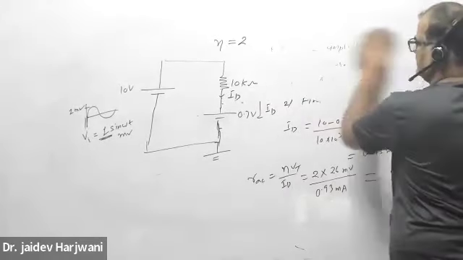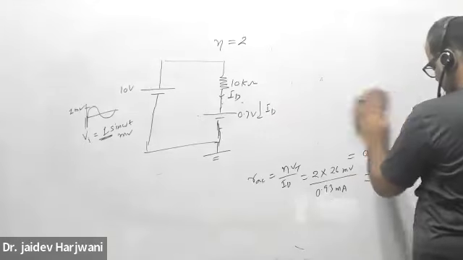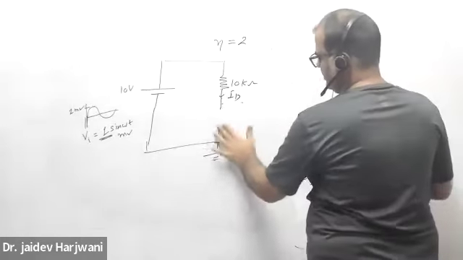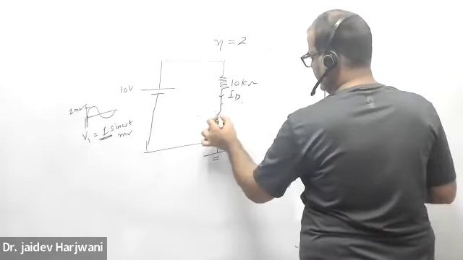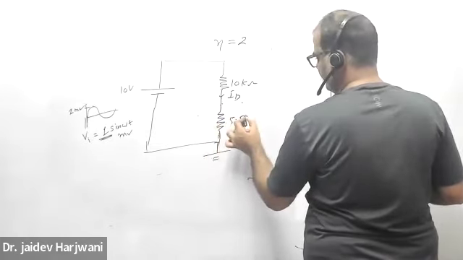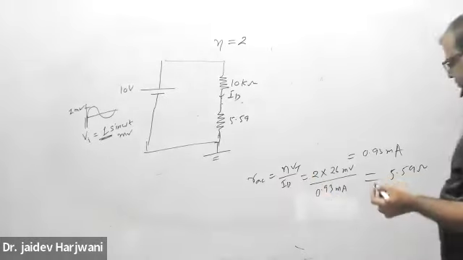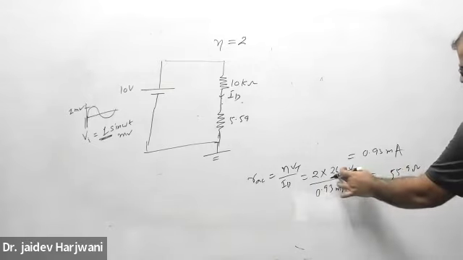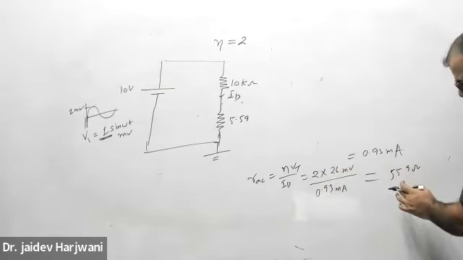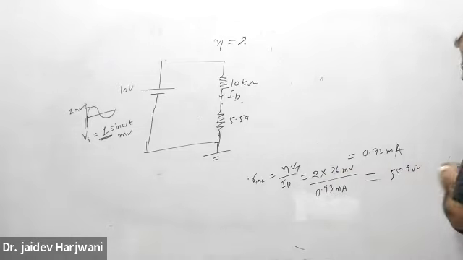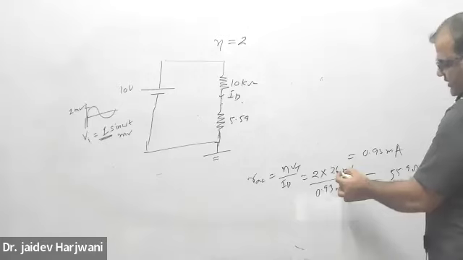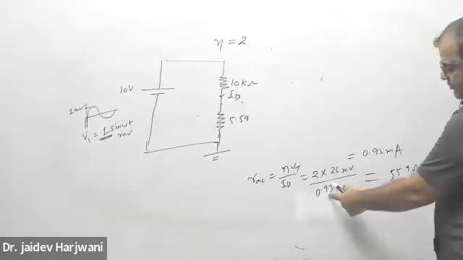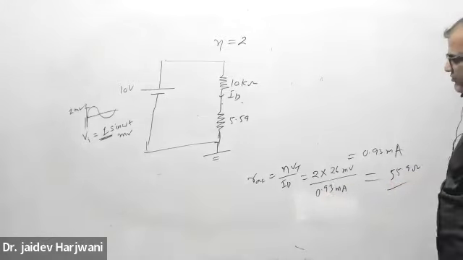AC analysis. So now replace this resistance by 55.9 ohm. 55.9 होगा सर, because Sir, 55.9 ohm आ रहा है. 52 divided by 0.93, so 50 something greater than 52. 55.9.